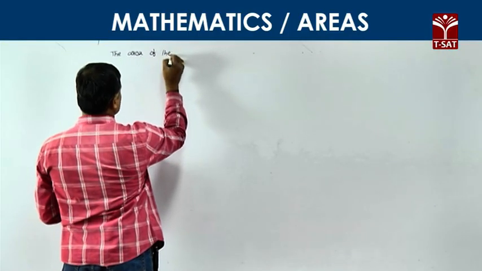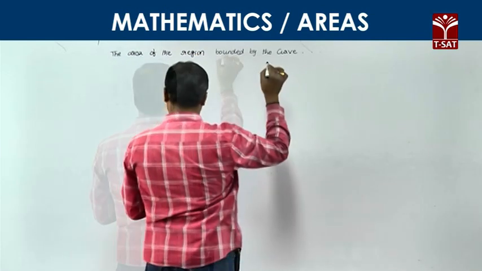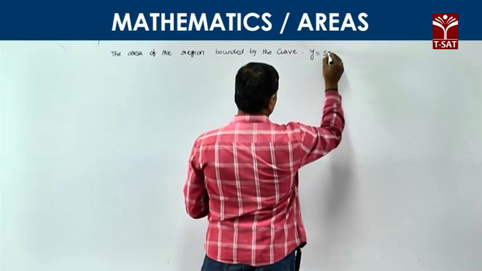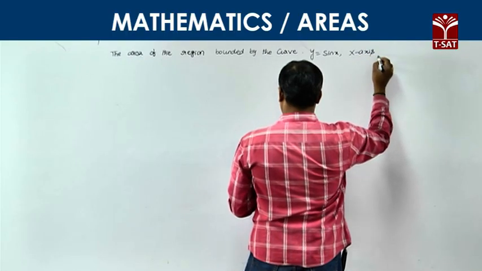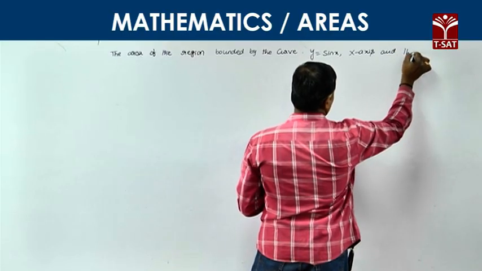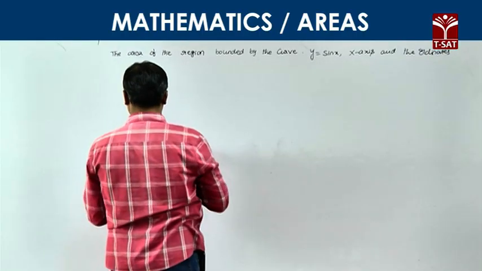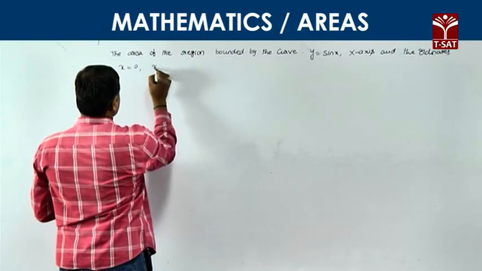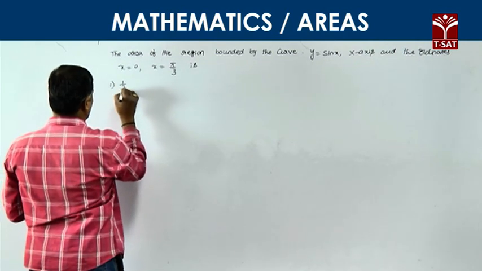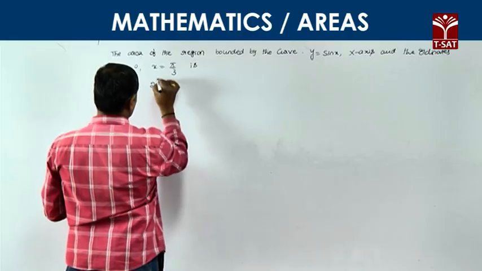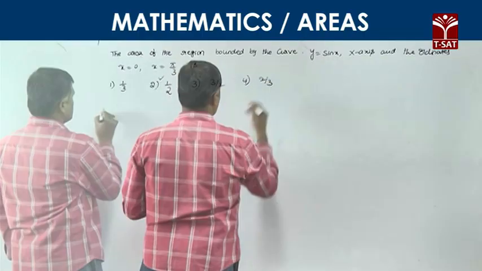The area of the region bounded by the curve y = sin x, x-axis and the ordinates x = 0, x = π/3 is: first option 1/3, second option 1/2, third option 3/2 and fourth option 2/3. Solution.